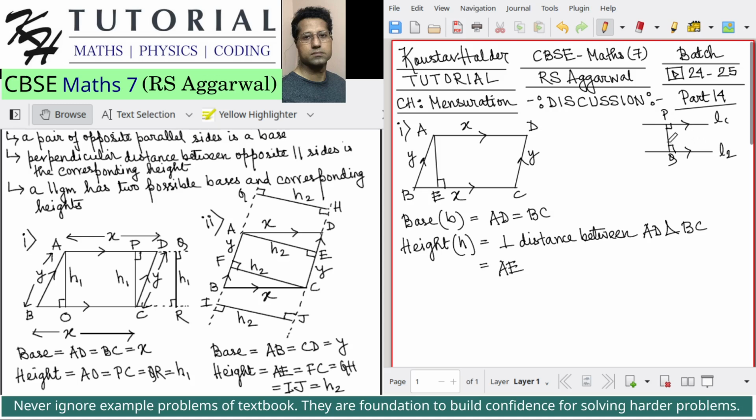So therefore the length of the line segment PQ will be the perpendicular distance between the parallel lines L1 and L2. Now, as you can understand, there can be numerous other line segments like PQ which will be perpendicular to both the lines L1 and L2.